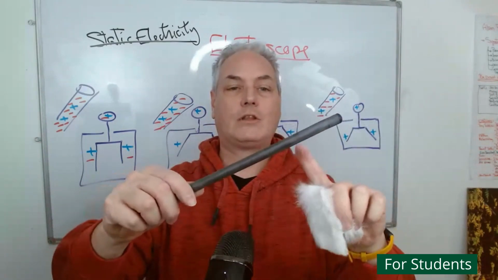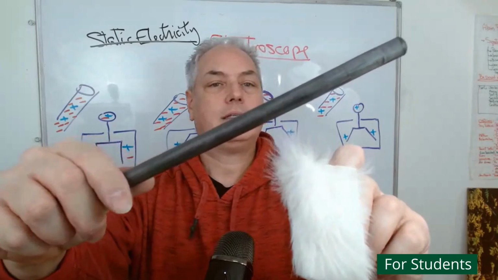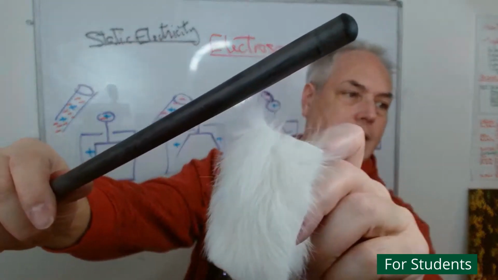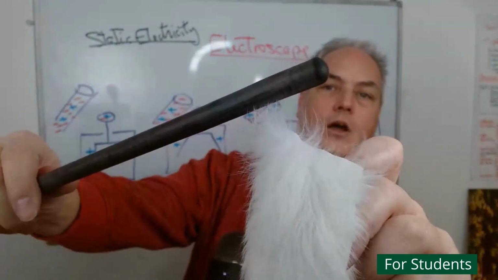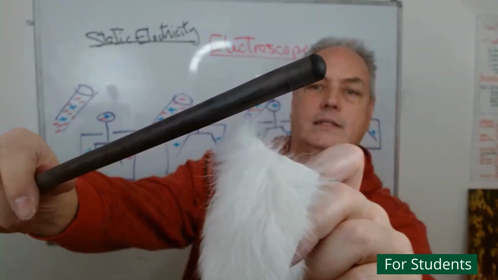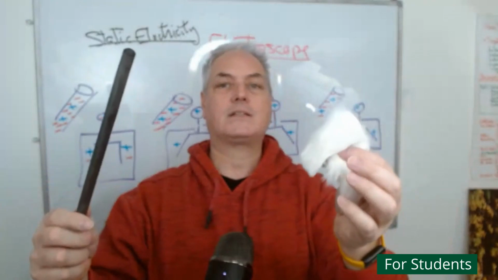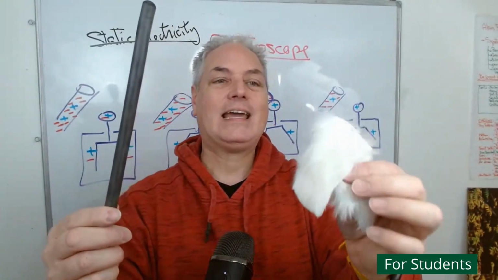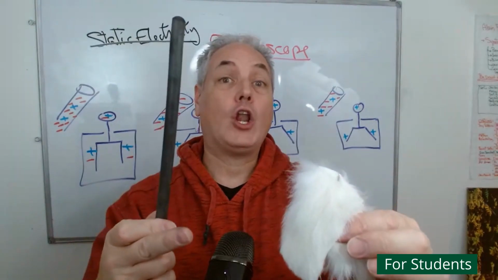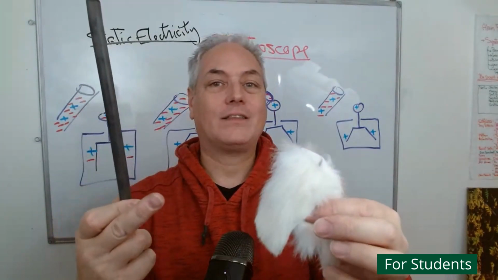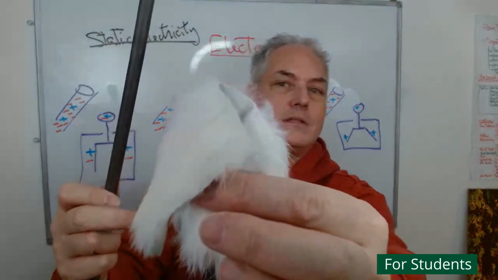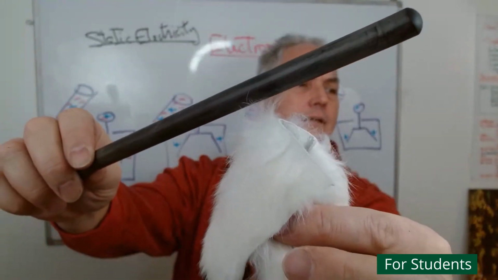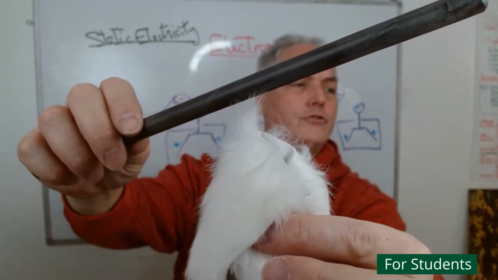What will happen here is that I end up with, I don't know if you can see, how the hairs are being attracted to this stick right here, because the electrons went to this ebonite stick, and at the same time the hairs lost their electrons, and now they're more positive. The pieces of hair here are all over the place. Now if I bring this again, you can see how they are attracted.